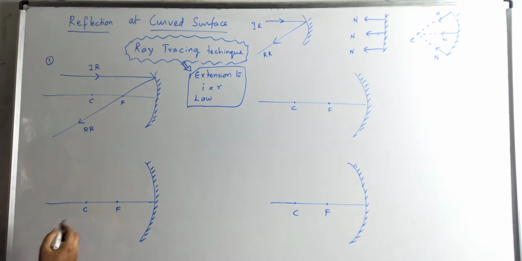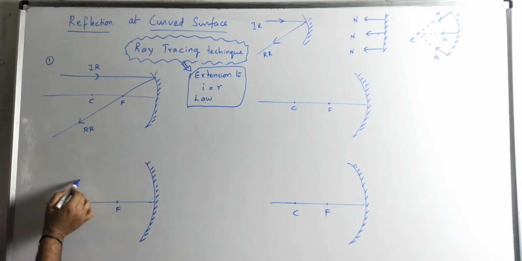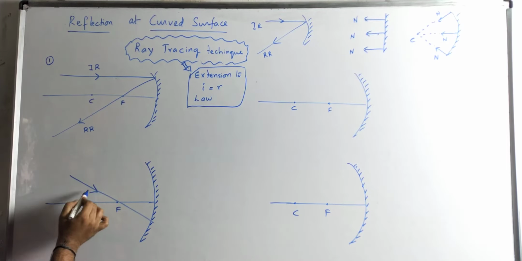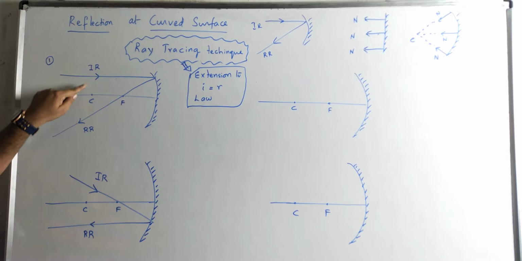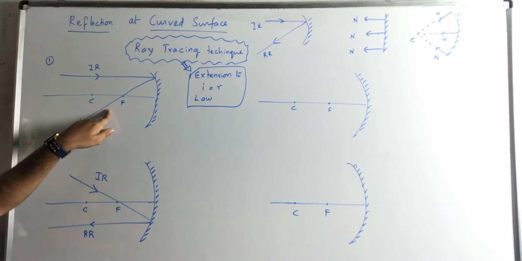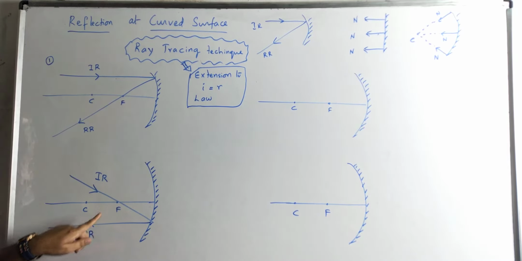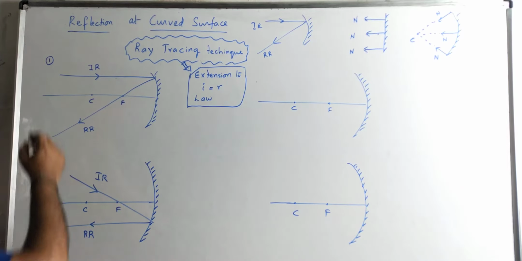And the converse is shown here. If incident ray is already passing through focus, it becomes parallel, reflected ray. So if incident ray is parallel to the principal axis, it passes to the focus. If incident ray passes to the focus, it becomes parallel to the principal axis. This is first ray tracing technique.